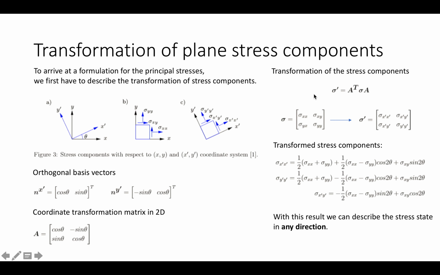To get them expressed with respect to the new coordinate system, we multiply the transposed A matrix in front. This matrix multiplication yields the two normal stresses here and the shear stress component down here. With this result, we can describe the entire stress state in any direction.